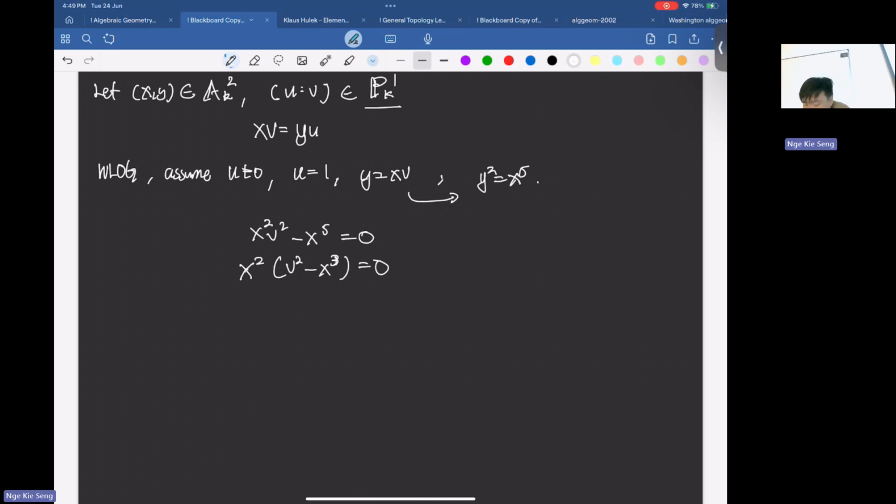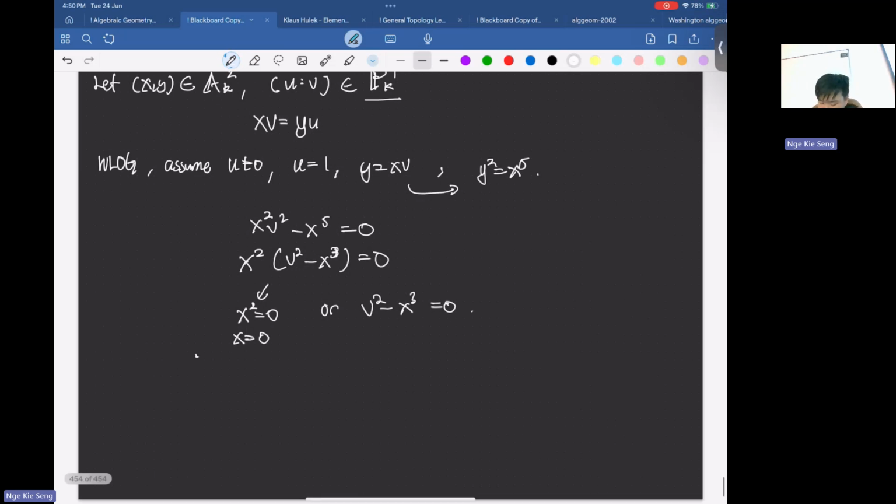Now we have two irreducible polynomials, and in this case either x squared equals 0 or v squared minus x cubed equals 0. This x equals 0 defines the exceptional divisor.